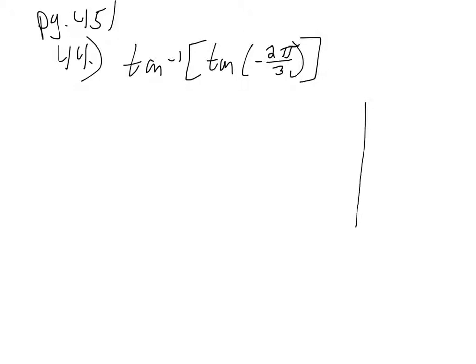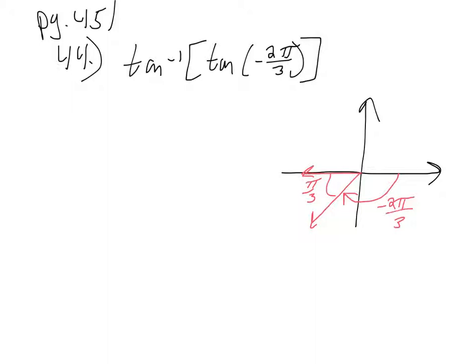So if you think about negative 2 pi over 3, that's just outside of that range, right? And so we end up having a reference angle here of pi over 3.